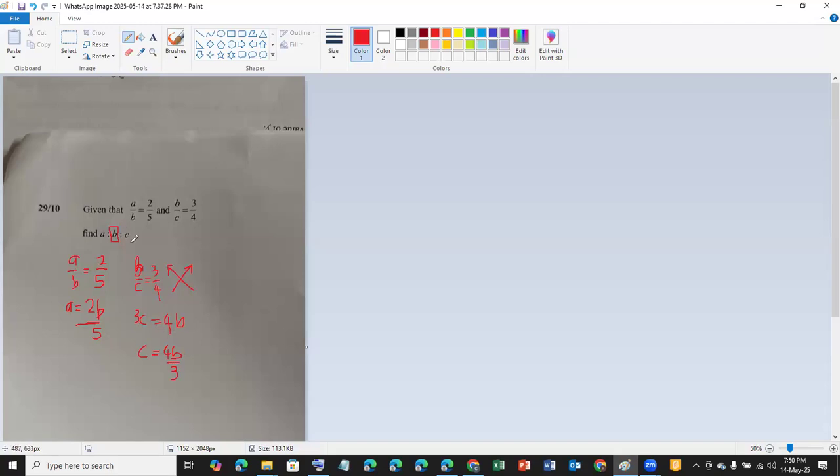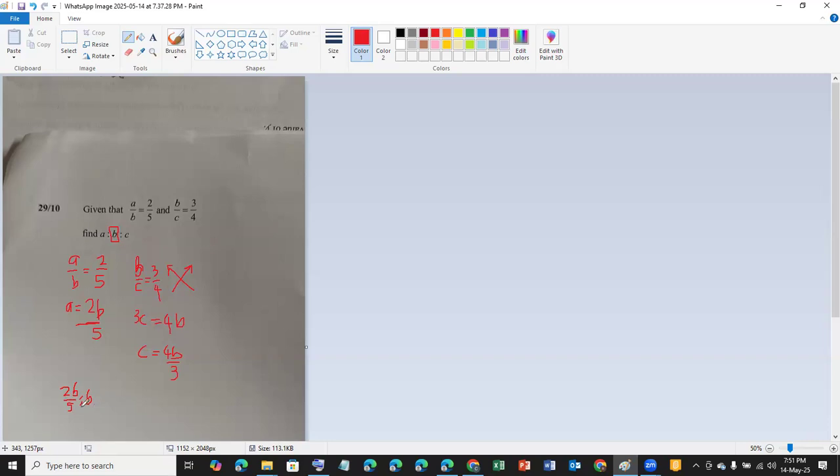So this is how it's going to look: A is to B is to C. It's going to look something like this: 2B over 5 is to B. Do you understand this so far? I'm taking it one at a time. A is to B. Do you understand this so far? Yes.